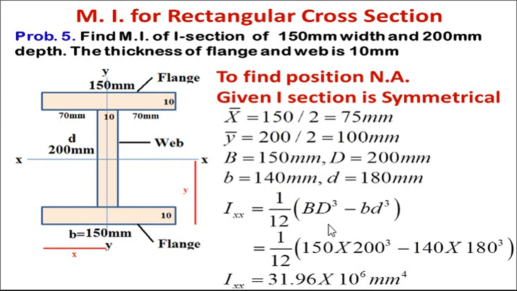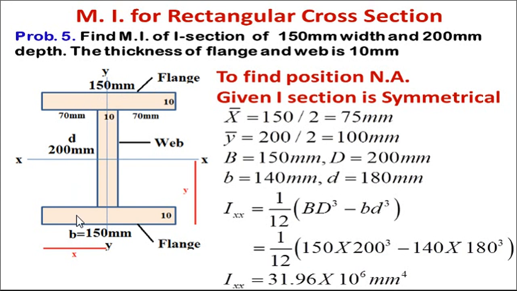You have to find Ixx and Iyy individually. So here capital B, the total width, is 150, and from that 150, if you deduct this 10, you get this 70 plus this 70, which means 140 will be the empty portion, and that is the width of 140 at this point, because 150 is the total width. From that, if you deduct this 10, you get 140.